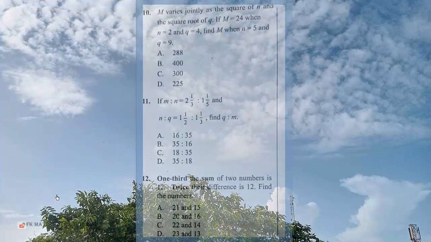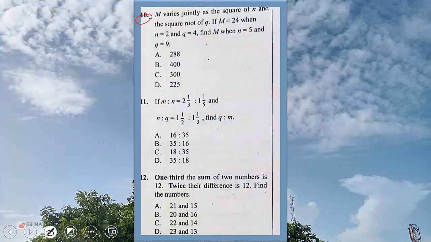Question number 10. M varies jointly as the square of n and the square root of q. So we can write our equation of variation as m equals k n squared root q.